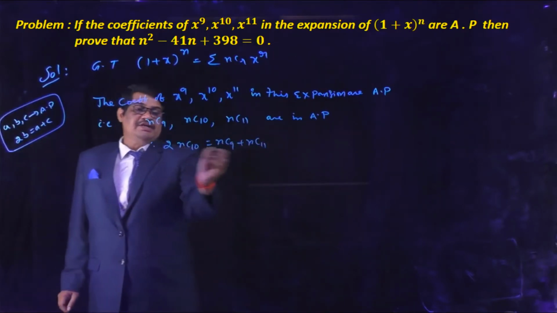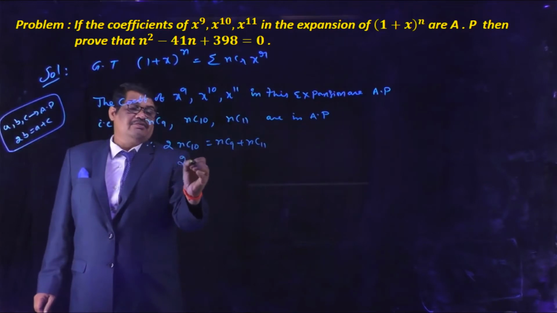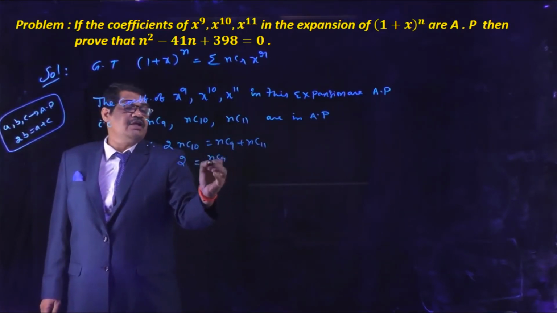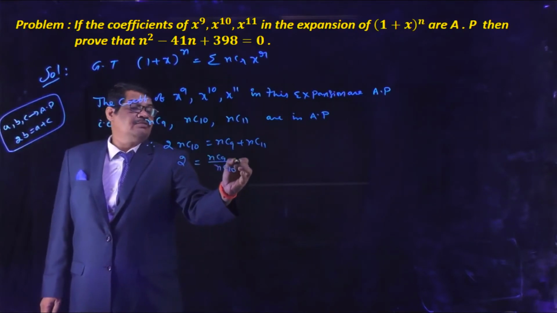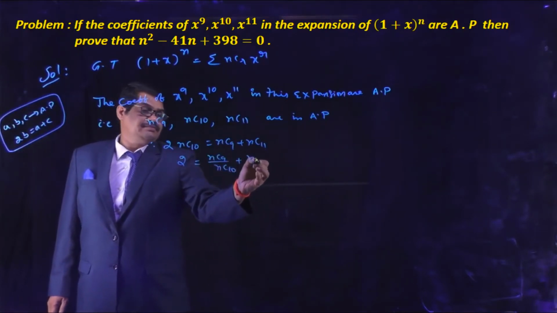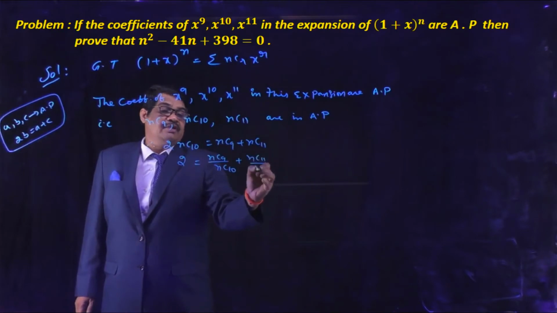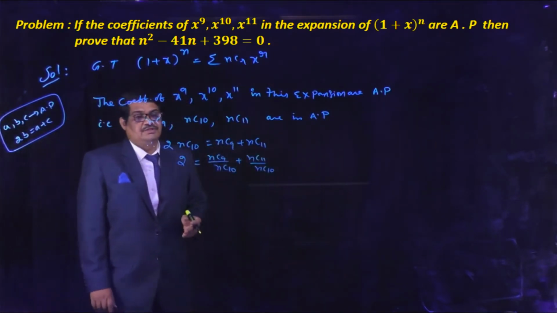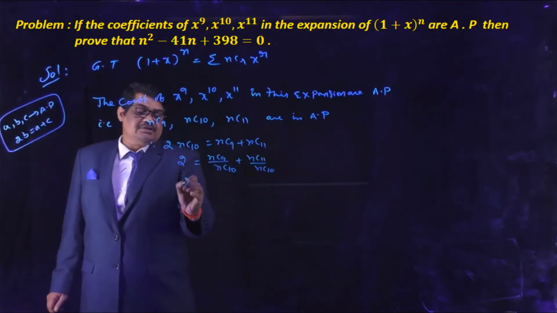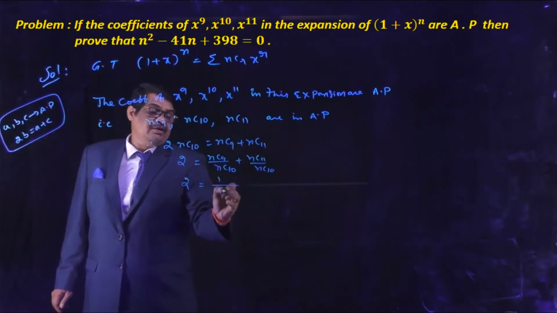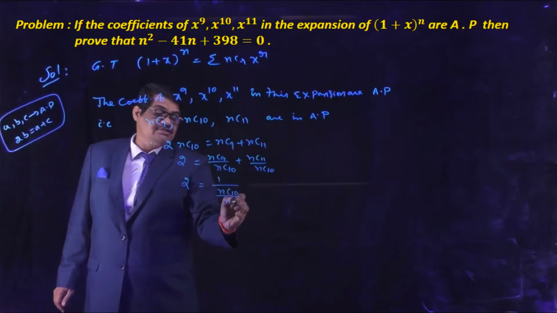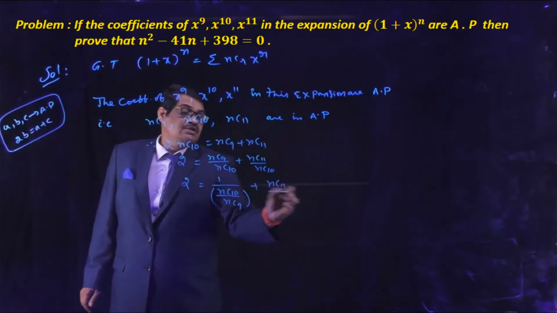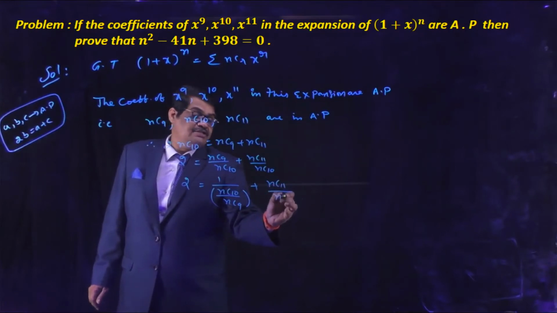Now we divide by nC10 on both sides, so 2 is equal to nC9 by nC10 plus nC11 by nC10. This can be written as 2 is equal to 1 by (nC10 by nC9) plus nC11 by nC10.